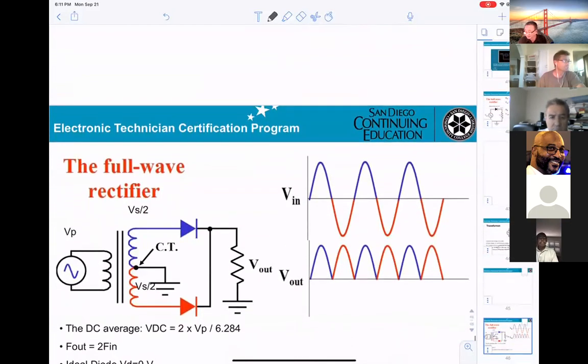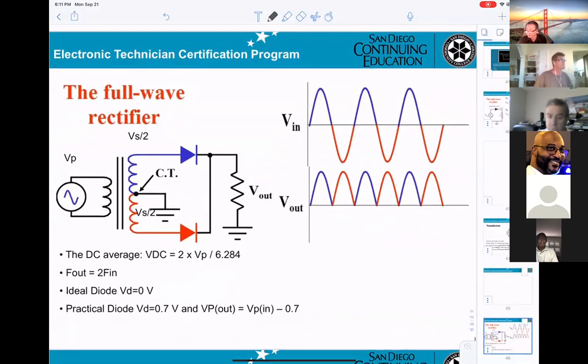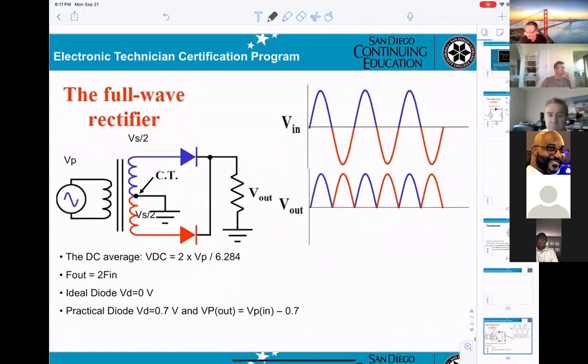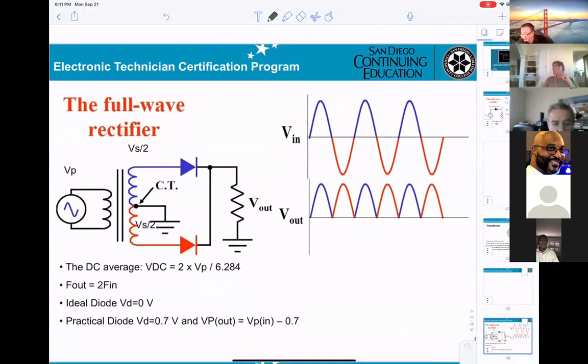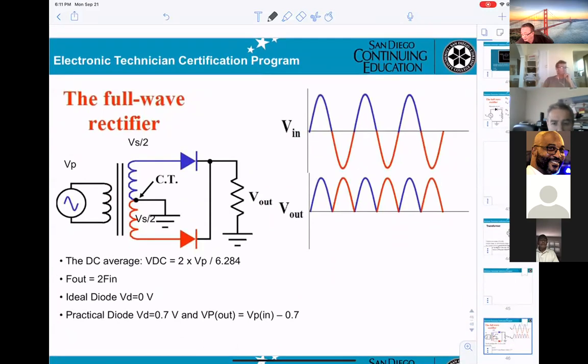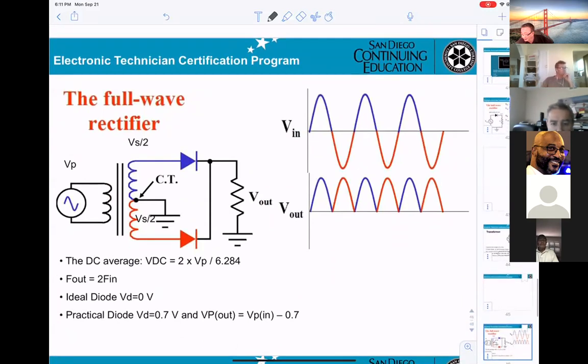Now, the next one, full wave rectifier. Very easy. I'm not talking about the circuit yet, but I'm talking about input and output here. You can say positive output will be positive. Negative output also positive.